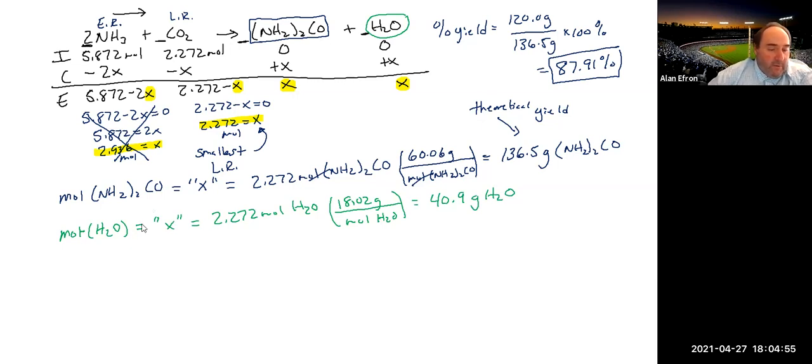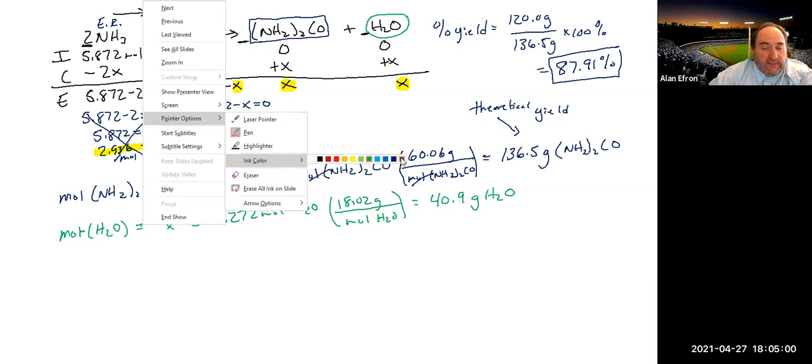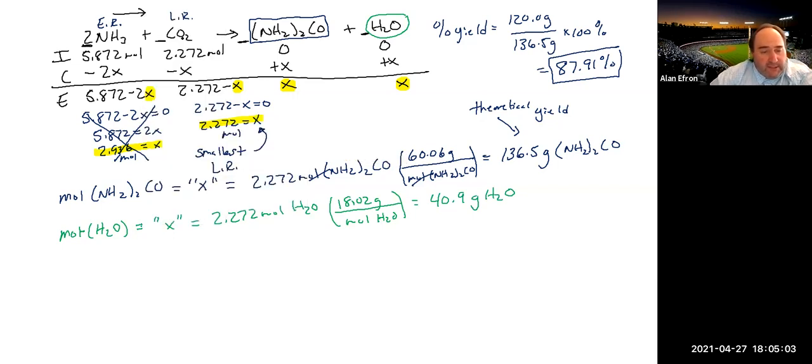We also could, if we wanted to, figure out how much of our excess reagent would be left over, which is, again, another very common question. Excess reagent in this problem would be NH3. So looking at our table, we see that the moles of NH3 equals 5.872 minus 2x, which means we would take 5.872 minus 2 times our x value of 2.272.